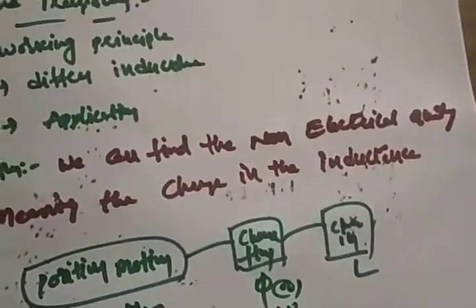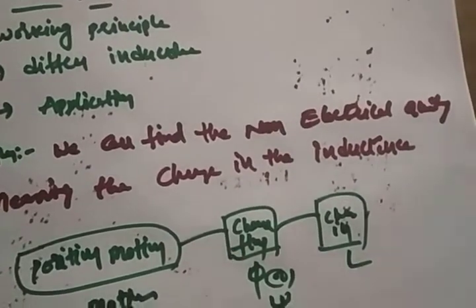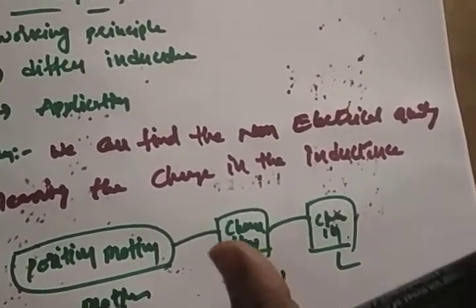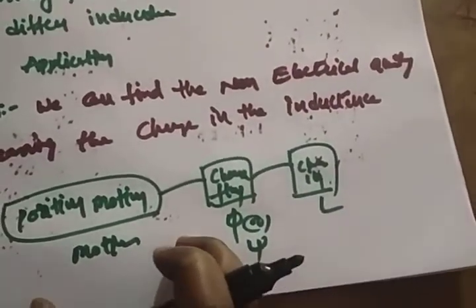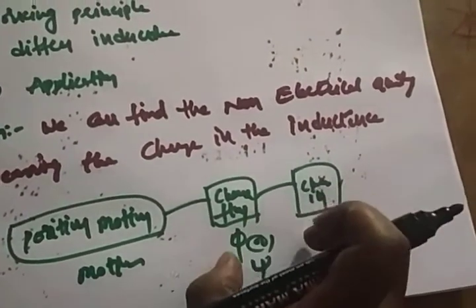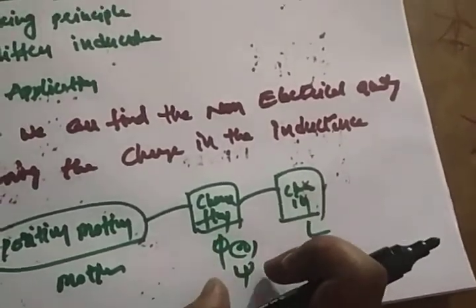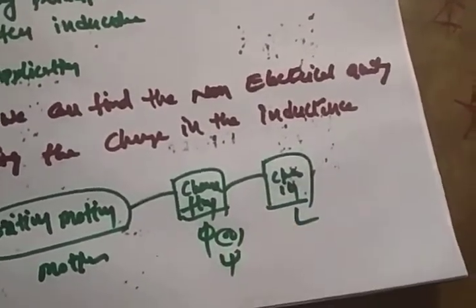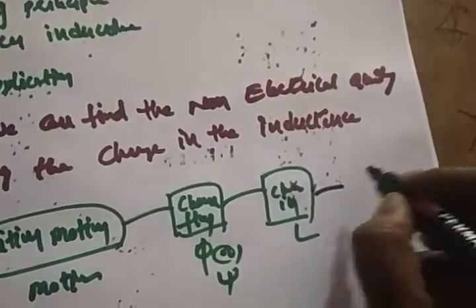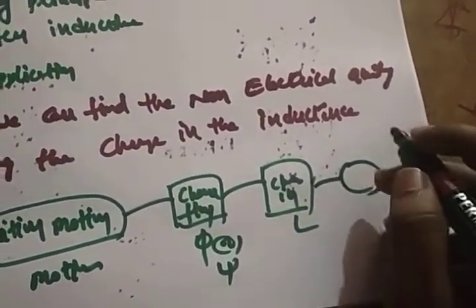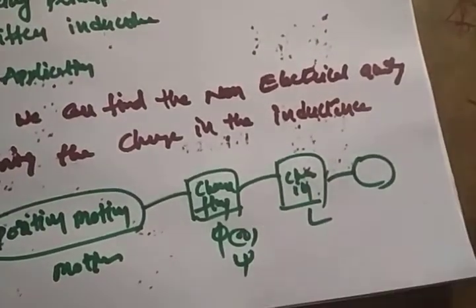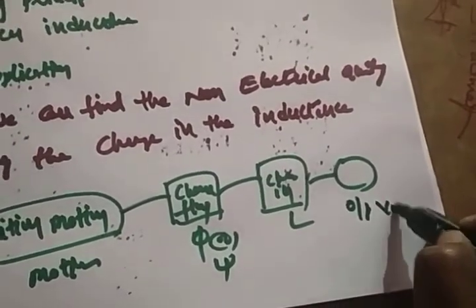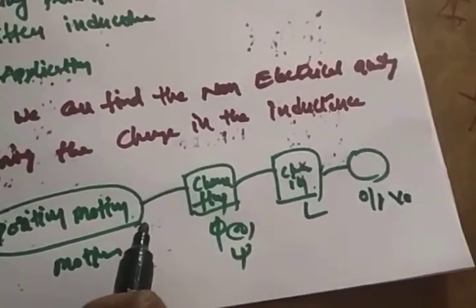There is no direct conversion to a change in inductance. If you want to find the change in inductance, you require a change in flux. The non-electrical quantity is converted to a change in flux first. If the change in flux happens, the inductance will change. This inductance we can calibrate: with a voltmeter or ammeter connected across the inductor, you can find the variations.